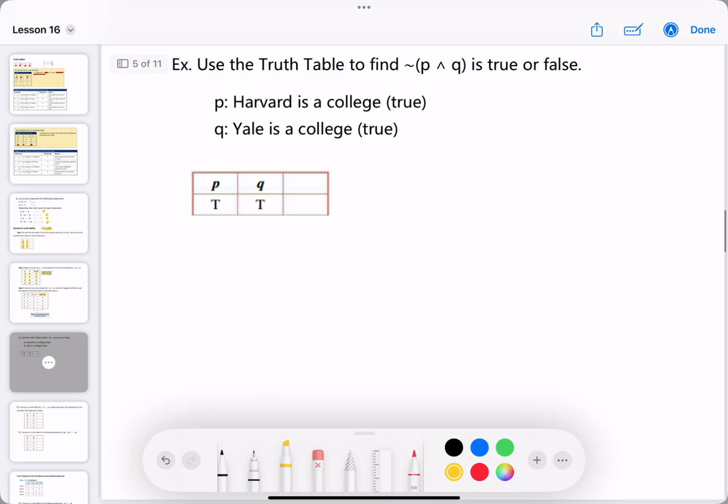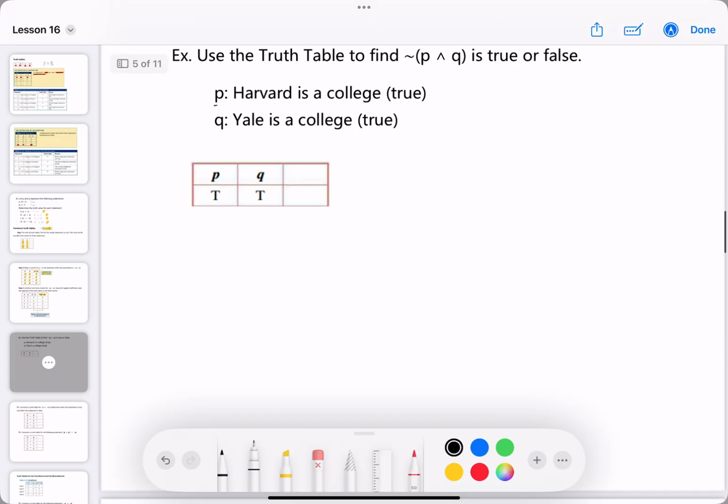Okay, let's do a practice. Next example. Use a truth table to find whether not (P and Q) is true or false. This repeats the previous example, but it gives us more information.